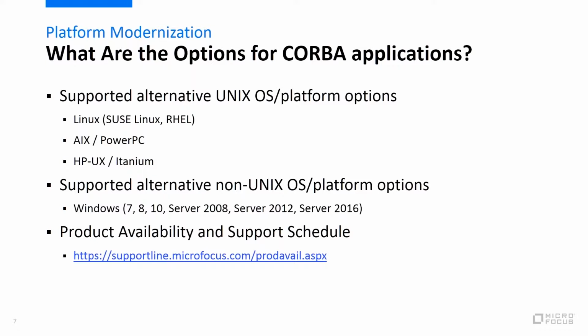From the Unix platforms, apart from the Solaris OS, our CORBA products are supported and certified for SUSE Linux and Red Hat Linux distributions, as well as IBM's AIX and HP's HP-UX operating systems. From the non-Unix platforms, currently supported and certified, we have several versions of Microsoft's Windows operating system.